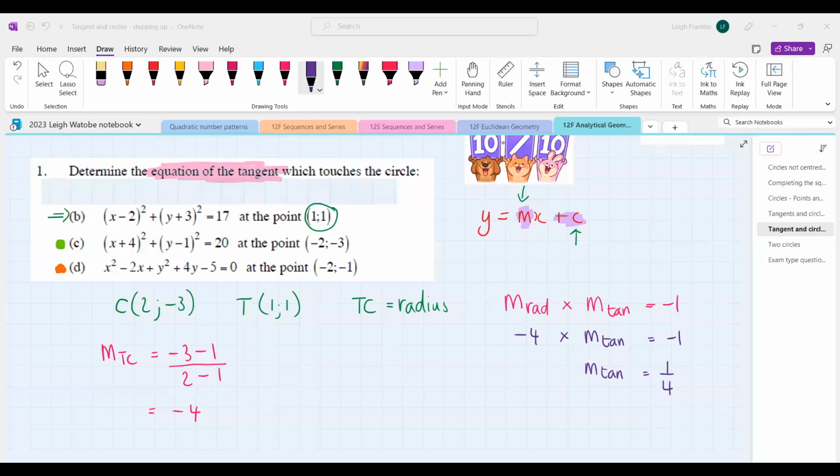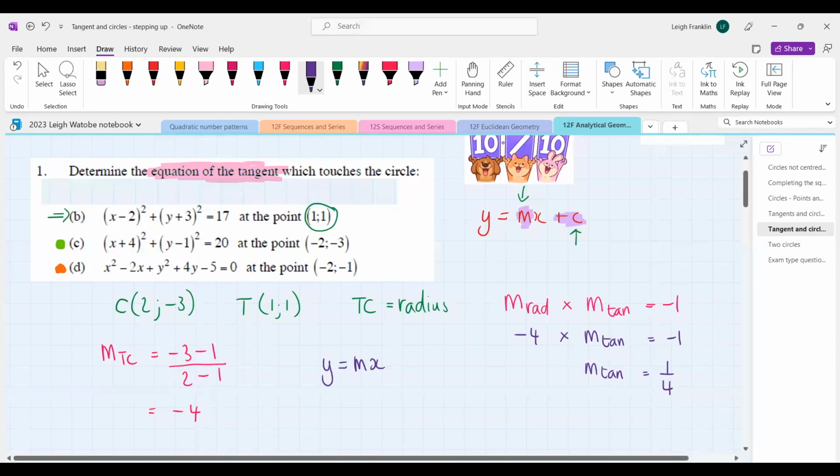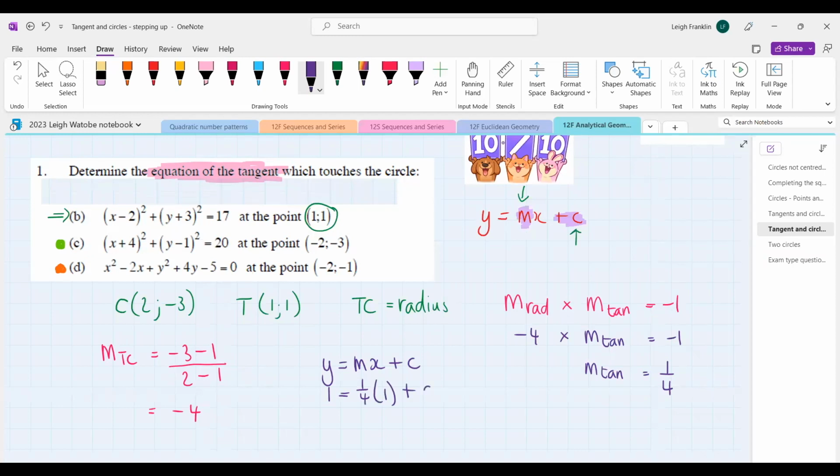We're going to use the formula y equals mx plus c. Good, what are you going to do next? Then we're going to substitute the point (1; 1) and the gradient of the tangent. Lovely. So we're going to say 1 equals 1/4 times 1 plus c, and then we're going to be able to work out c.